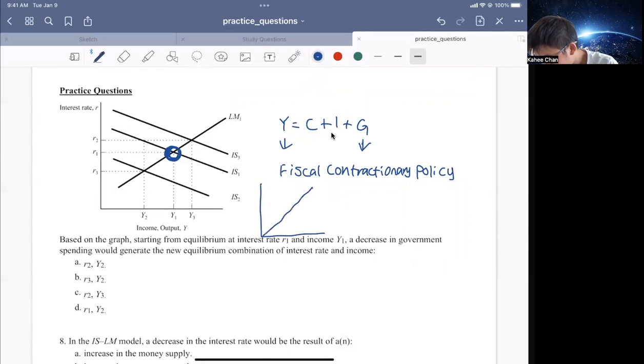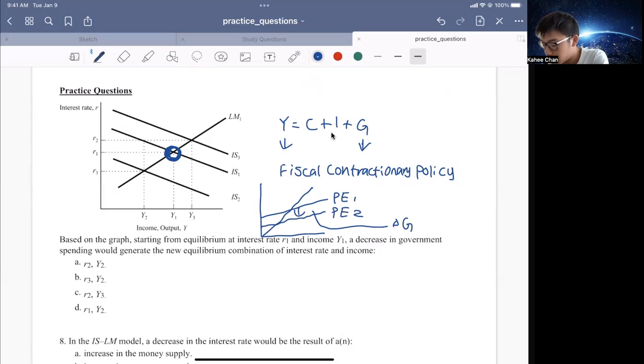According to the Keynesian cross model, again, we see a downward shift of the planned expenditure from PE1 to PE2, and the change is actually delta G.